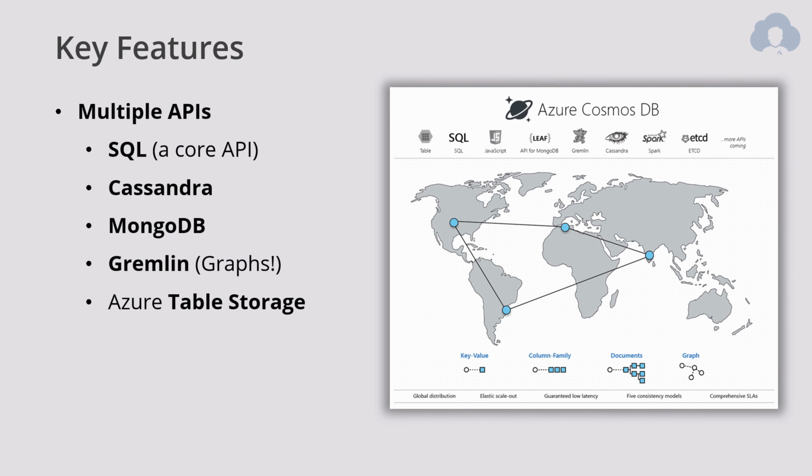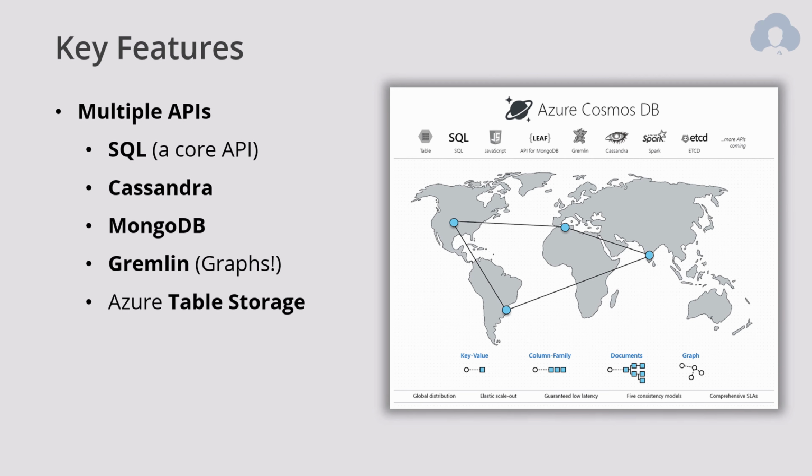And one of the most important features of Cosmos DB is multiple APIs. When creating Cosmos DB, you are deciding what kind of API you want to use when working with your data. The default one, the core API, is the SQL one. It's a way of working with those documents very similar to your normal SQL.